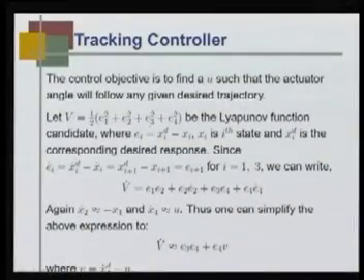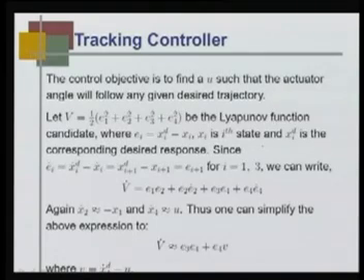So, for tracking a desired trajectory, instead of the Lyapunov function, which we had as half of x1 square plus x2 square plus x3 square plus x4 square for the regulation problem, now we will consider e1 square plus e2 square plus e3 square plus e4 square as the Lyapunov function, where ei is the desired state trajectory minus the actual state trajectory.